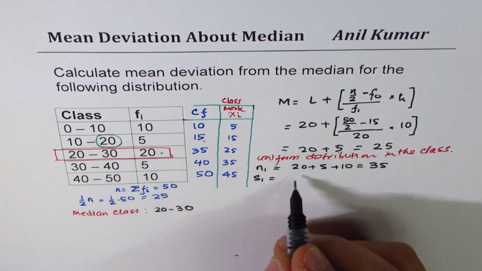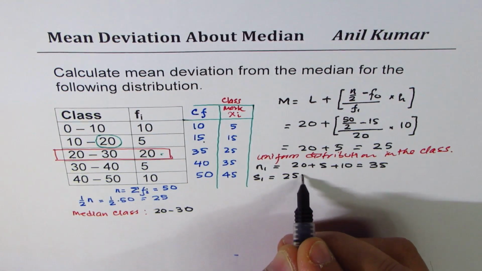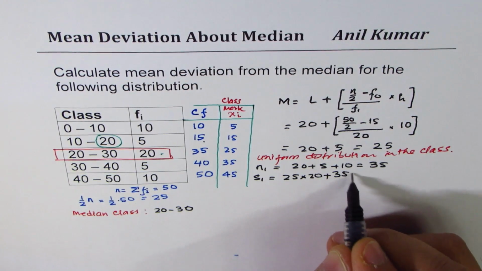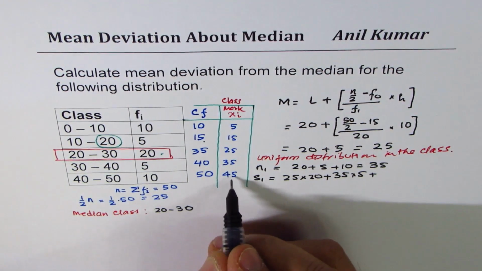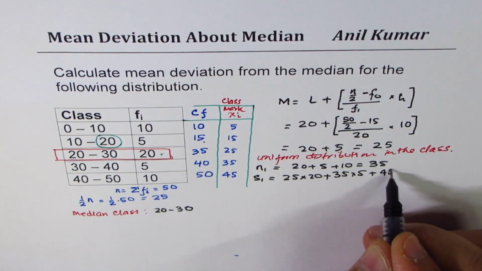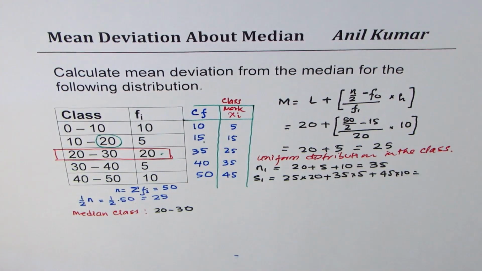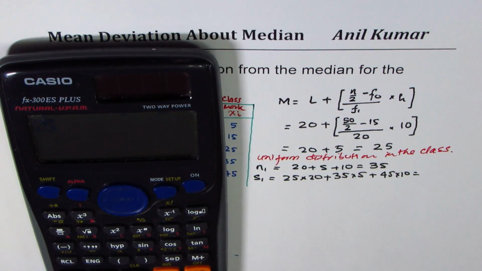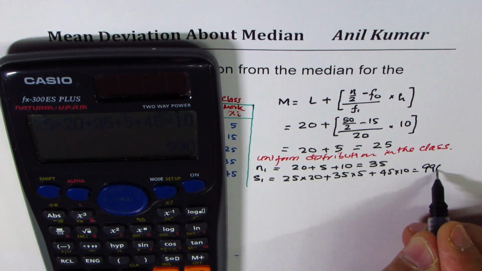So 25 times 20 plus 35 times 5 plus 45 times 10. Let's calculate this. 990. Okay.